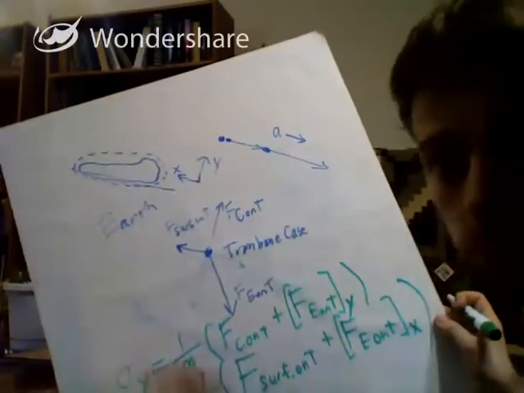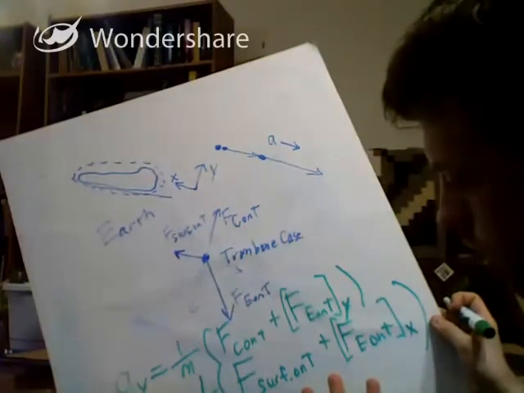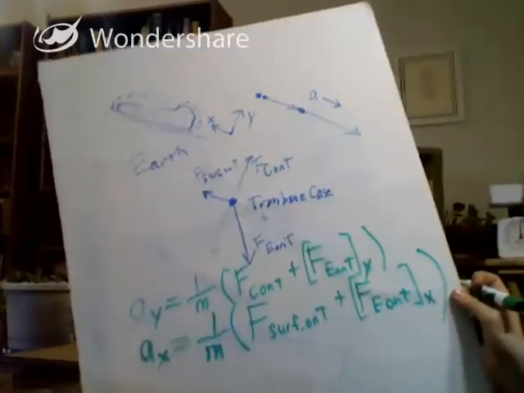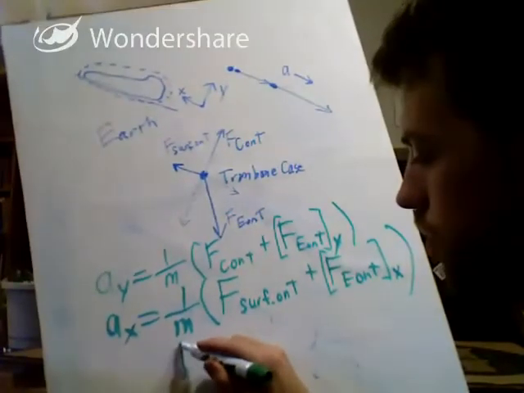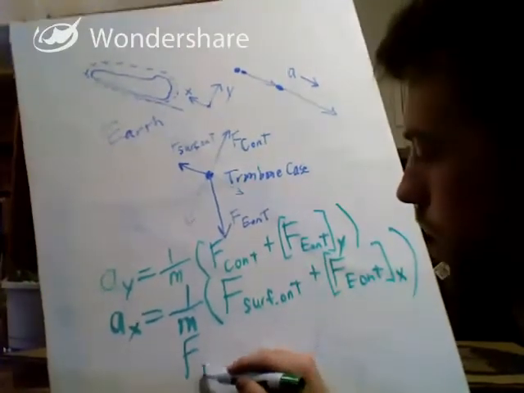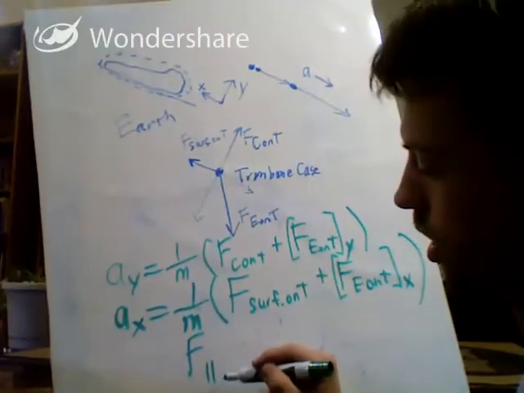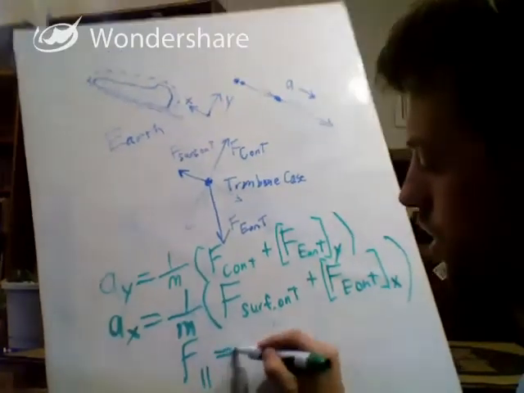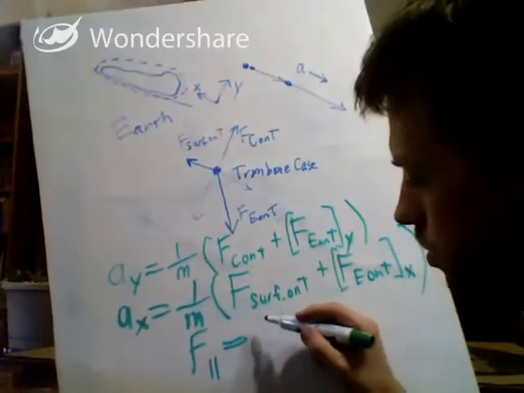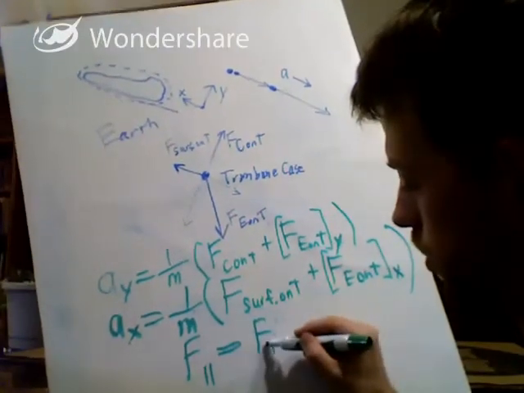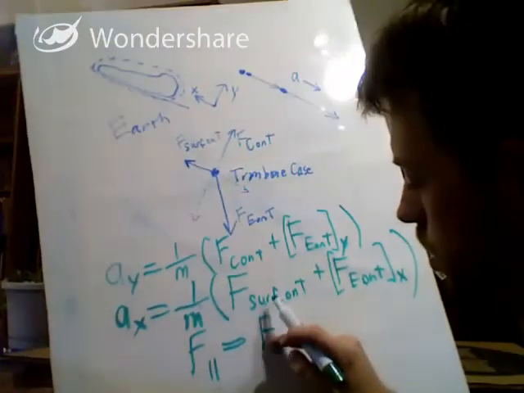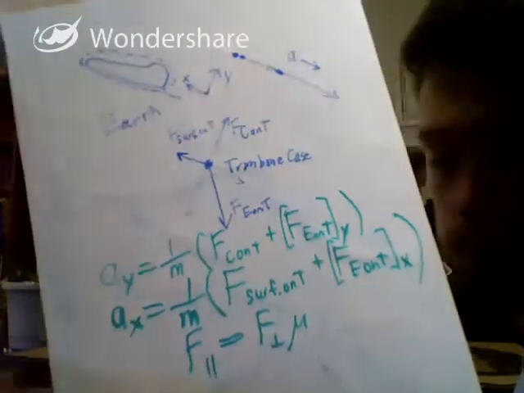Now we need to find a relationship between all of these, because we're looking for the mu value, but I don't see mu in here anywhere. Okay, that's what we need to draw on our notes from before, where we remember that the parallel force exerted on an object is equal to the perpendicular force times mu.